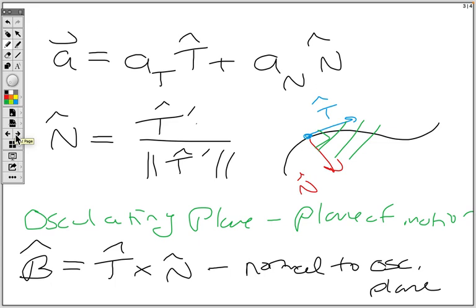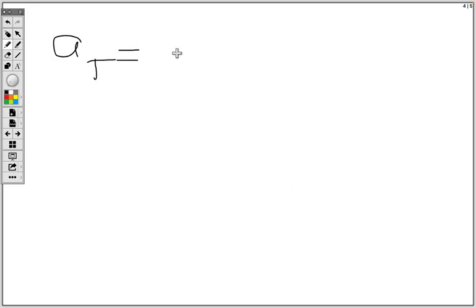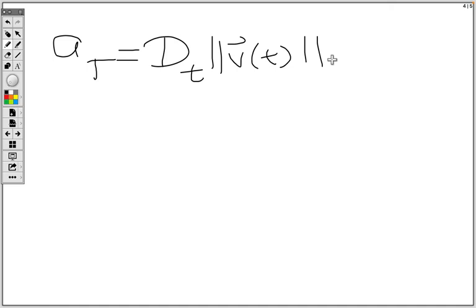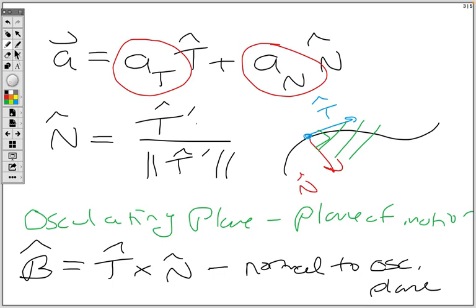All right, now, the formulas for the AT and the AN, there are a lot of those. So AT, when we derived it, AT, the tangential acceleration, that's the derivative of the speed. So depending on what you're given in a problem, this might be the best way to get the tangential acceleration. But we also went through a proof yesterday using this equation. You can take the dot product of both sides with t hat. The t hat dot t hat would give you 1 because t hat's a unit vector.